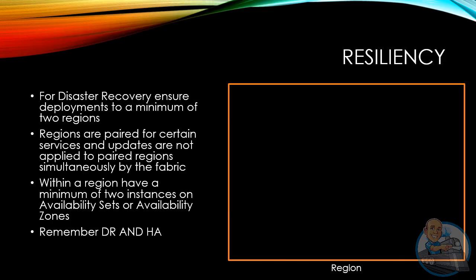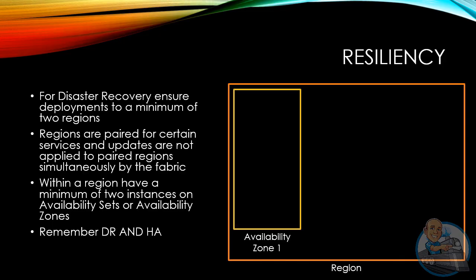So we have a region. And a region is defined as a 2 millisecond latency envelope. That region is typically made up of multiple physical data centers, different structures. And some of the regions, and this is being built out, have a concept called availability zone.